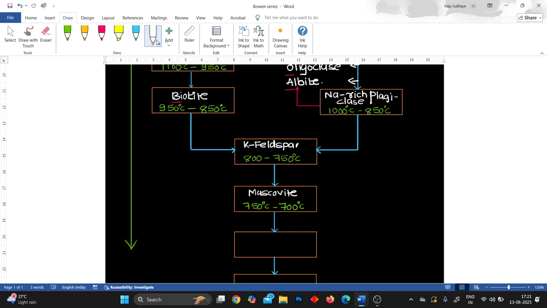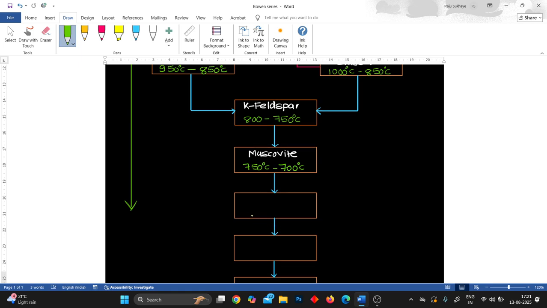Imagine now the temperature of the magma has gone down even further, to approximately 700 degrees Celsius.